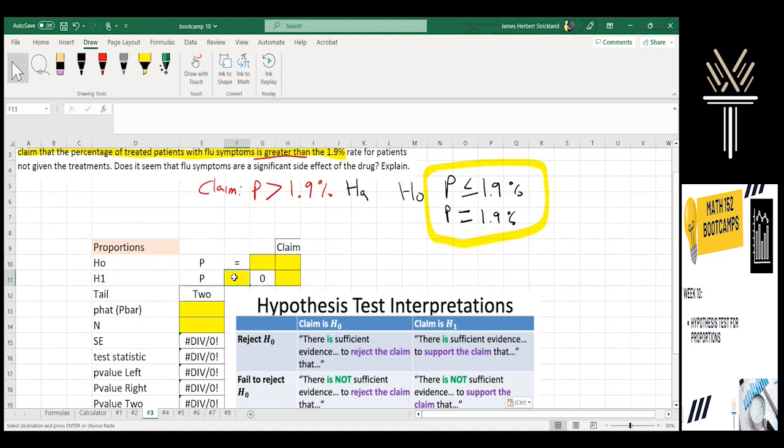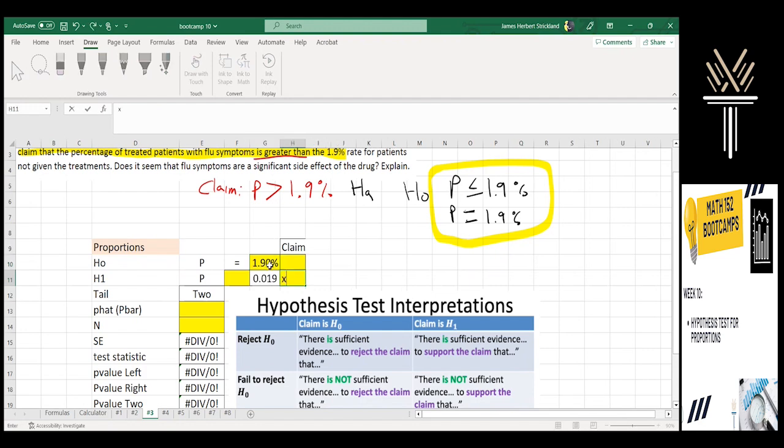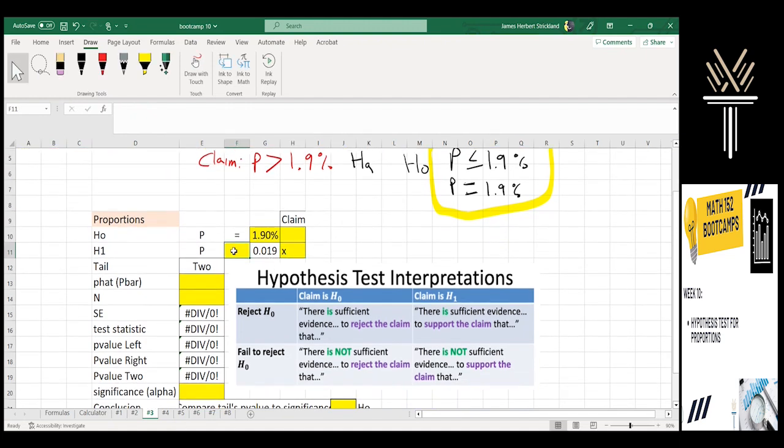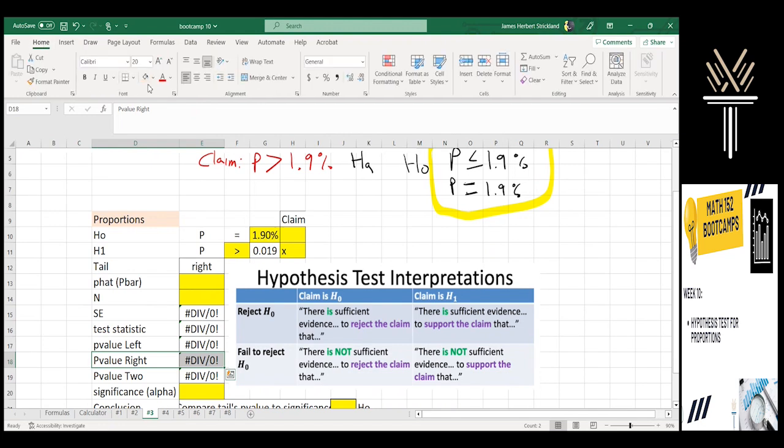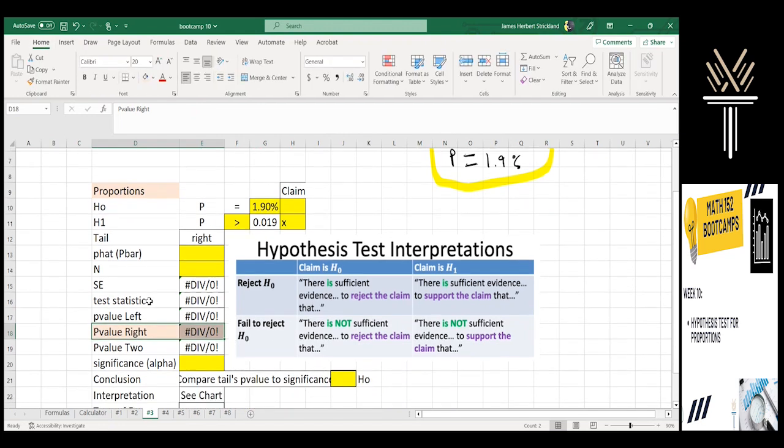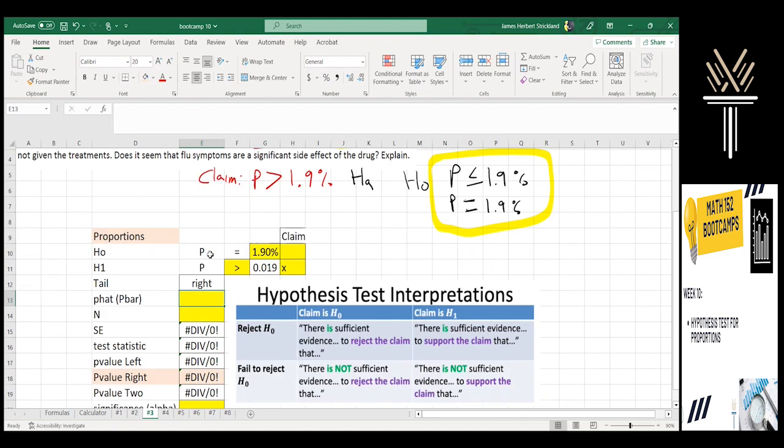It's the alternative that tells me which direction to look at. The value in question, 1.9%. What was the claim? The alternative was the claim. And we said the alternative was greater than. So we're doing a right-tail test. So I only care about this right-tailed p-value. It's the only calculation I care about. Plug in what we need to know.